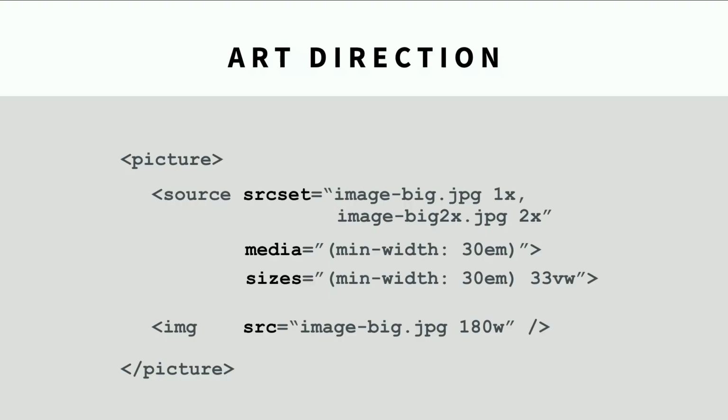So here, for example, on the srcset, we have two images, and we say the first one will be for the default 72 dpi, and the second one will be for the double one.